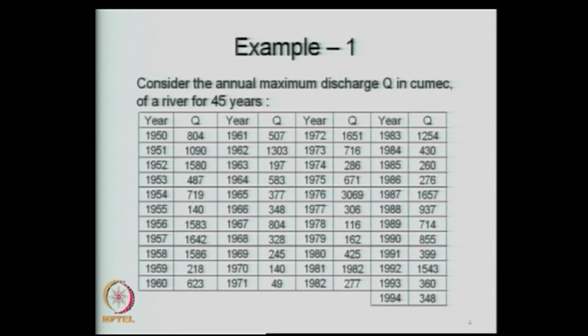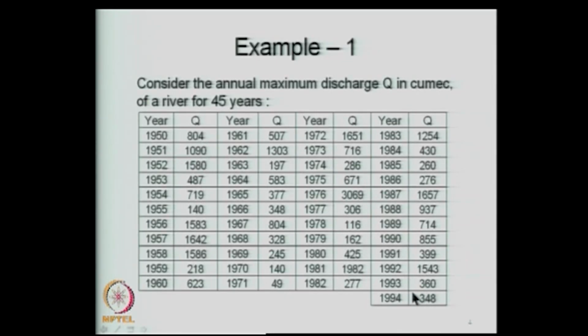So, let us look at a simple example. We will take the same data as we considered in the last lecture. This is the data that we were talking about. Now, this is the maximum discharge, which means every year among all the values that you have observed, you pick up one value which is the maximum among all those values, and therefore, every year you have exactly one value.